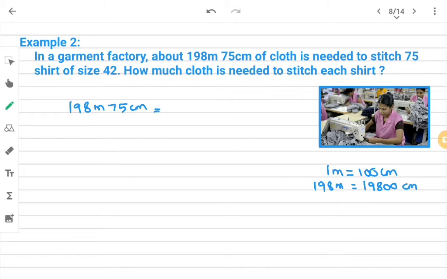Now, instead of 198 meter, I am going to write 19,800 centimeter plus this 75 centimeter. Totally we have 19,875 centimeter of cloth needed to stitch 75 shirts. So the number of shirts is equal to what?